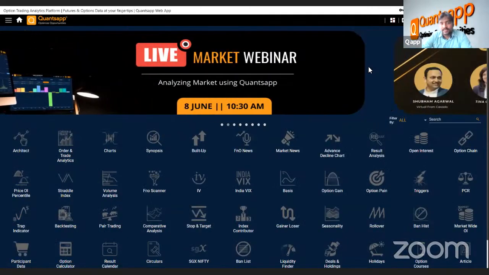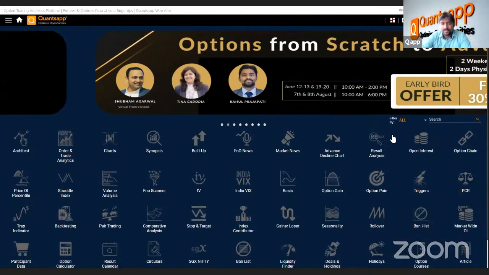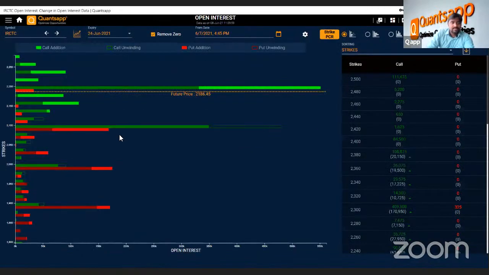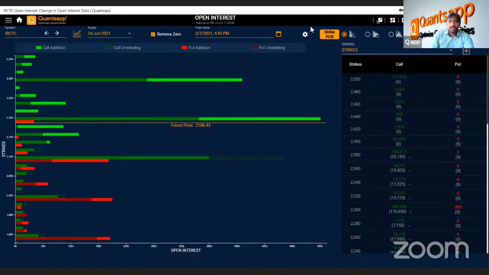Now first of all, if we check from the call side, the highest addition on the call is this only, and we can see this change. That's the highest addition. So that was probably zero, and suddenly we have seen a jump in this particular strike on the put side. So if someone is selling this put option, he might be thinking that the stock will move up.